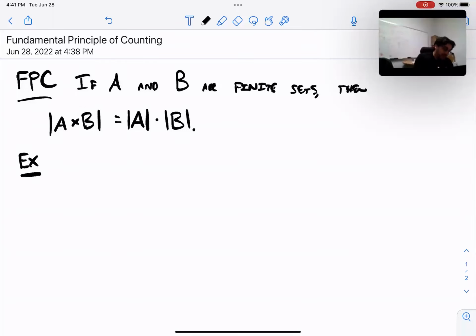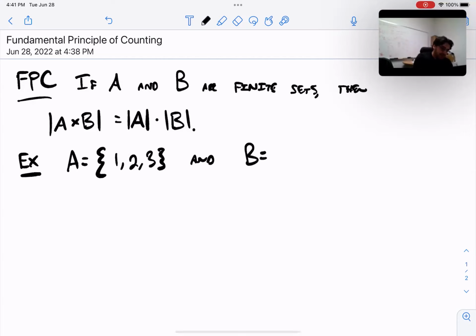So an example of this, just to do a very small example, say A had the elements 1, 2, 3, and B has the elements M and N, just for the sake of picking two letters, since our sets are called A and B. Then what could you form from these?